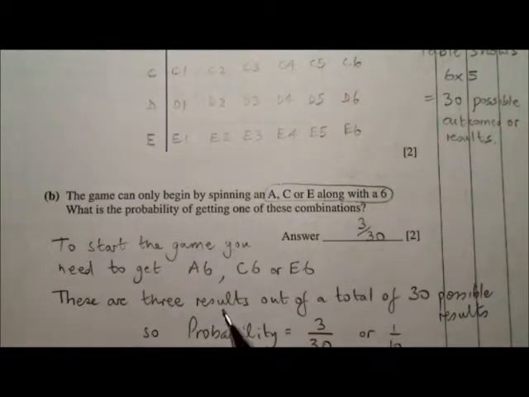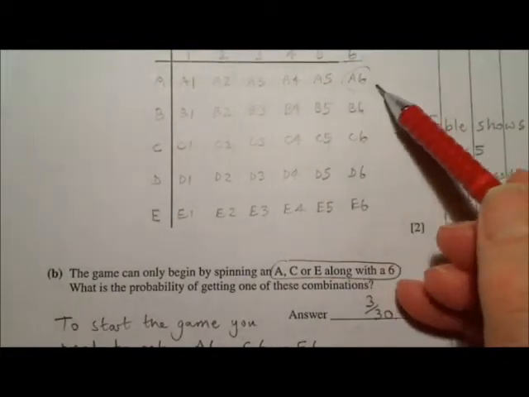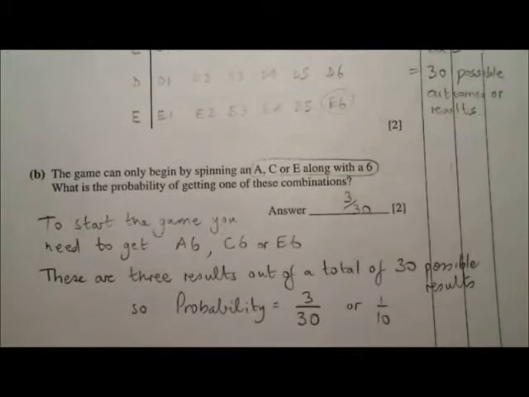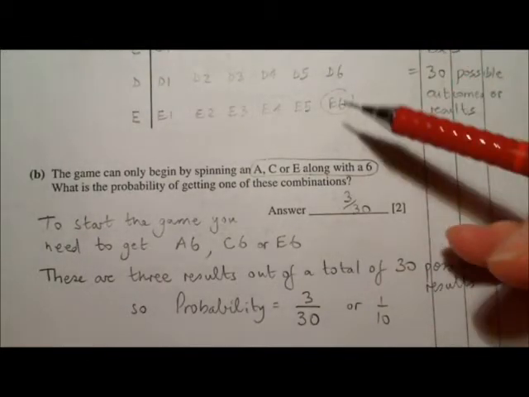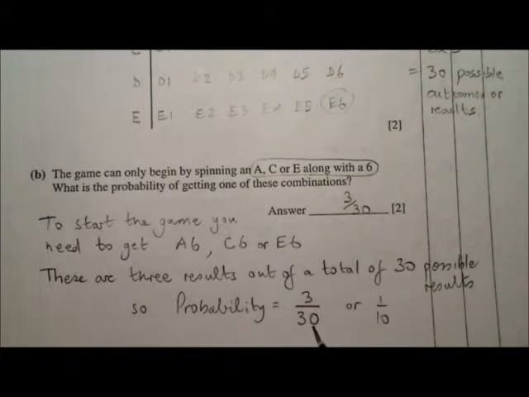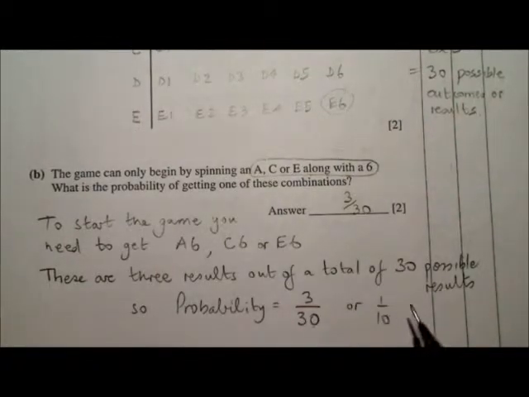So when you look at the table, hopefully you can see that there's only 3 results. There's A6, there's C6, and there's E6. So there's only 3 ways to get those results. So the probability then is going to be 3 out of the total number of results, which is 30. So the answer is 3 over 30 or 1/10.